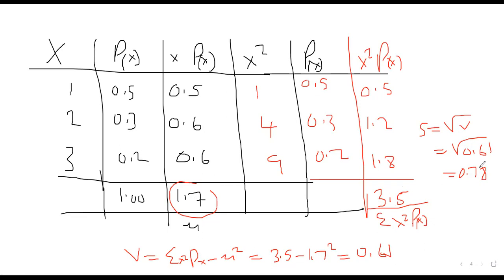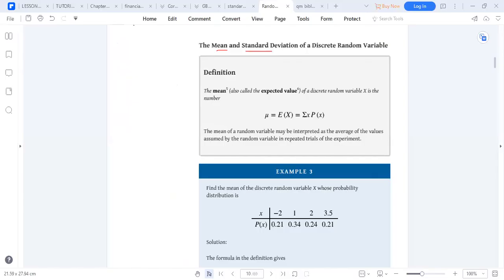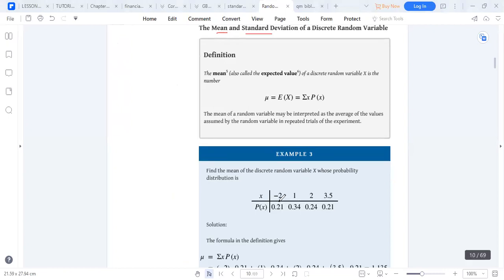So that is how this is supposed to be done. All right. So how do we then calculate the probability to find our expected value?